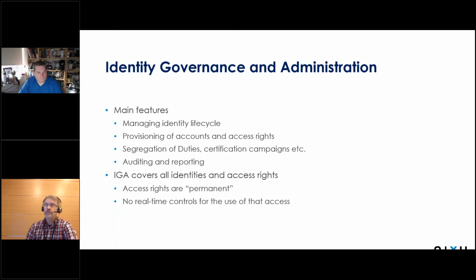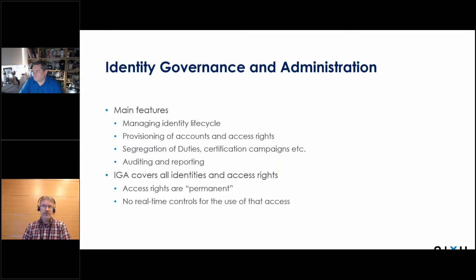Then it can also do more governance type things, meaning segregation of duty, handling certification campaigns, so that, for example, when the end user's or employee's role or position changes within the organization, that might trigger a certification campaign. And then of course, basic auditing and reporting on who has access to what, who has been requesting access, who has gained access, and why and when.